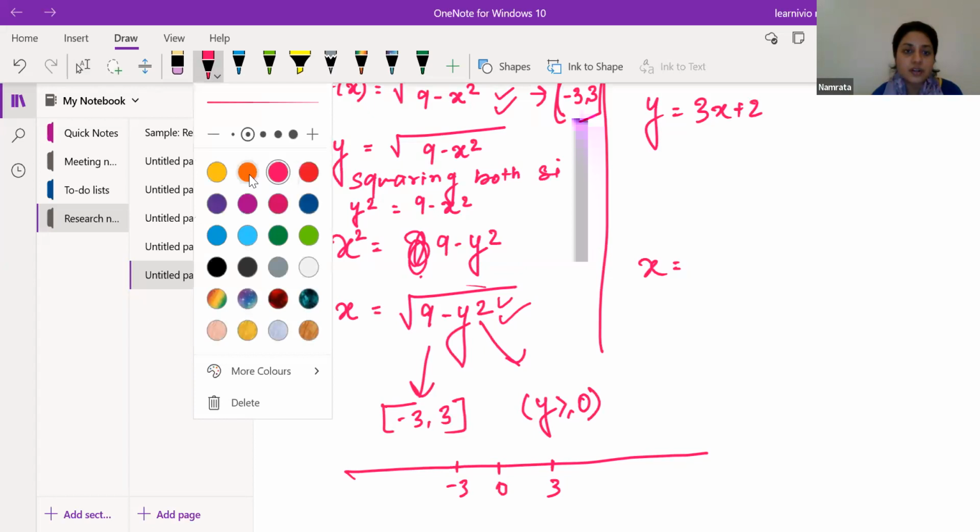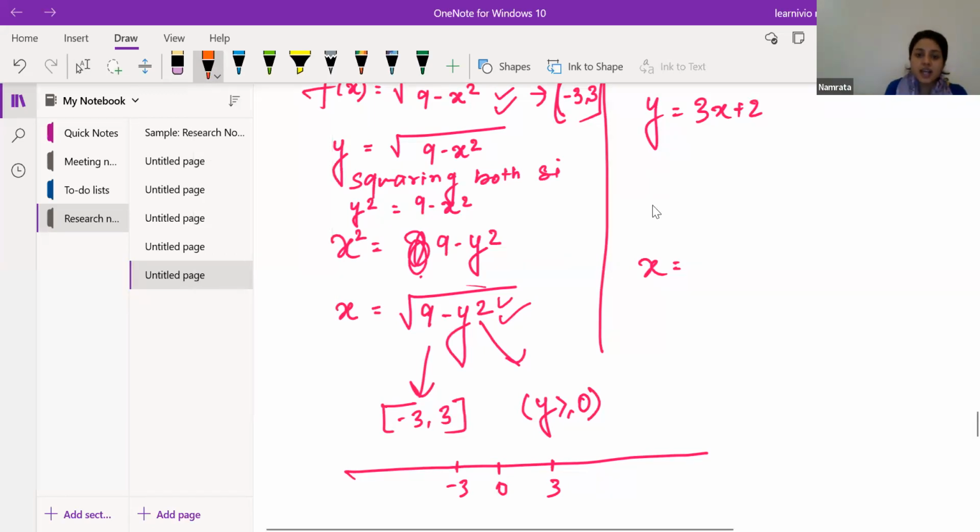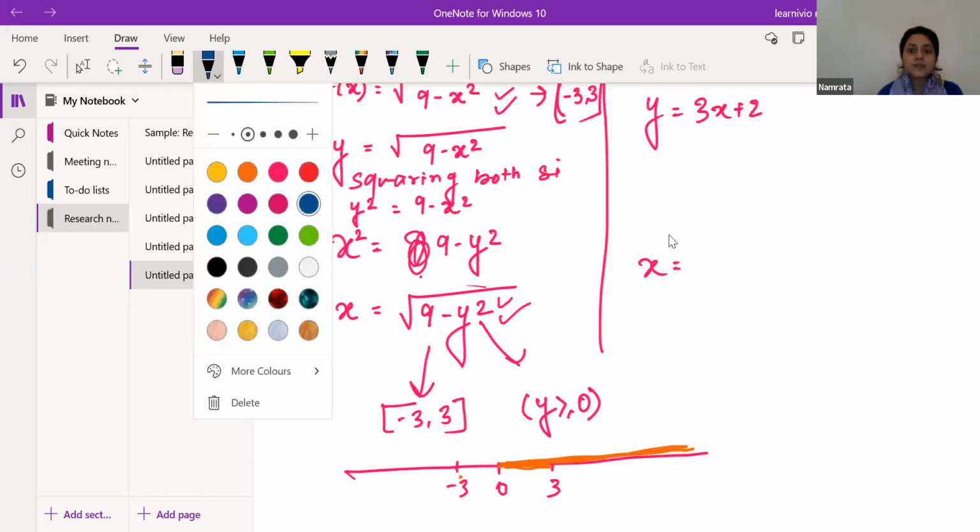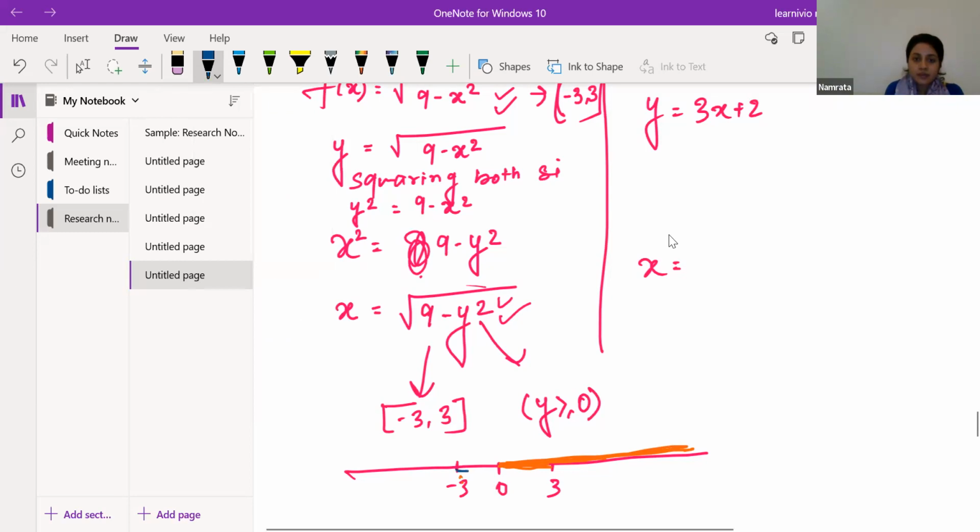Two cases we got. One is y is larger than or equal to 0, this way. And another one is y is lying in between -3 to 3, this one, the blue one.